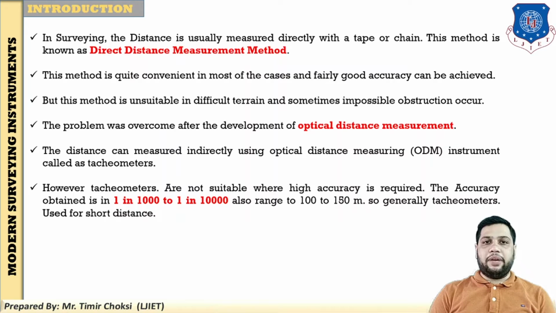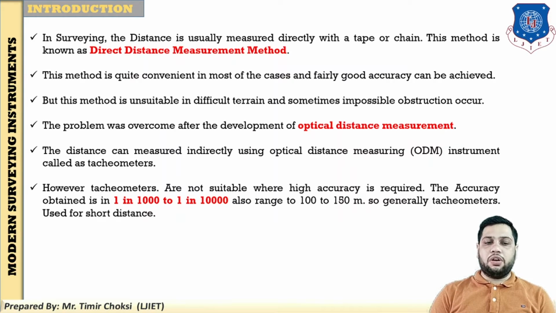The distance can be measured indirectly using an optical distance measurement instrument called a tachometer. I have already explained the tachometer in the tachometric surveying session. However, tachometers are not suitable where high accuracy is required.